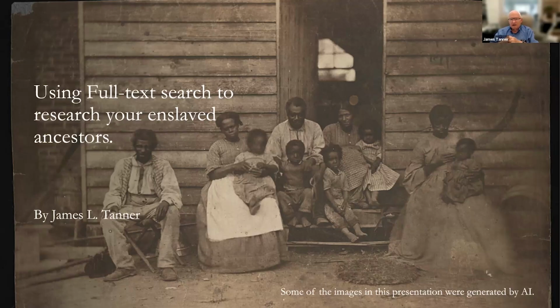They weren't considered to be people, and they had almost zero rights at all. Information recorded about them was, in a sense, incidental to their enslavement. And so this is one of the most challenging areas that you can be involved in.